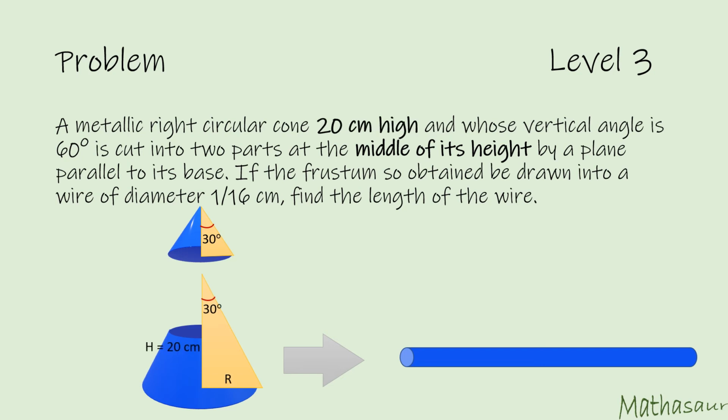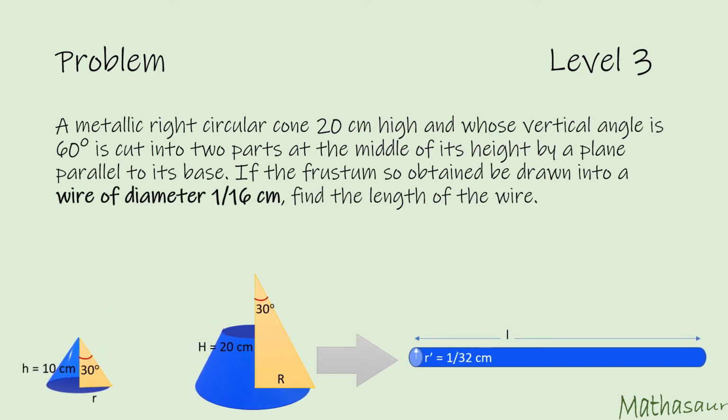We are also given the height of the bigger cone as 20 centimeters. Since the bigger cone was cut at the middle of its height, the height of the smaller cone would be 10 centimeters. We are also given the diameter of the wire, so we can find the radius as half of the diameter, which gives us 1 by 32 centimeters.